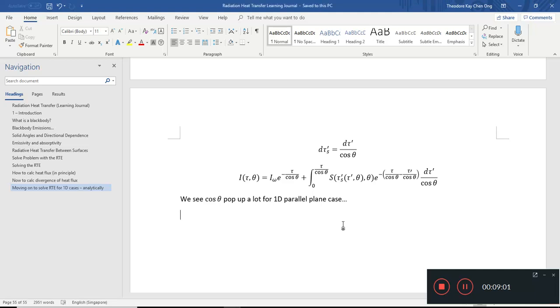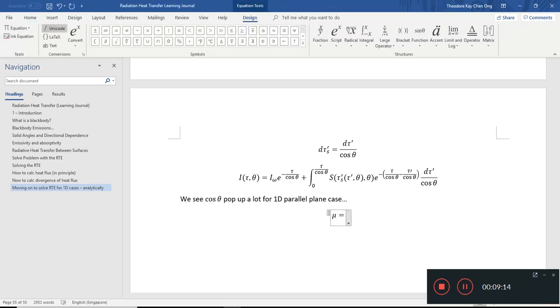So the normal practice, since cosine theta pops up so much, is to use the variable mu to represent cosine theta, because we don't want to keep writing it again and again.